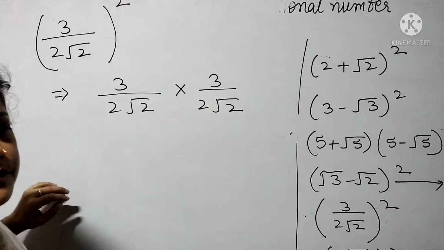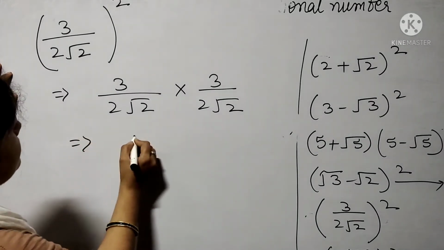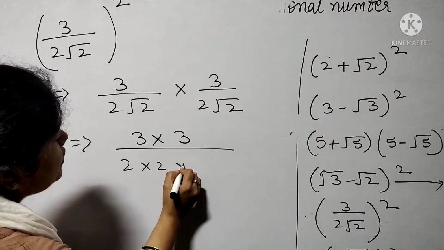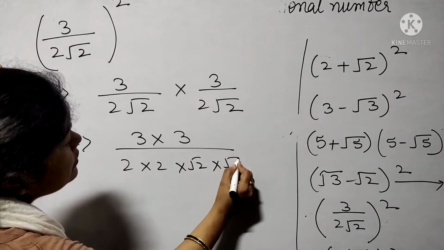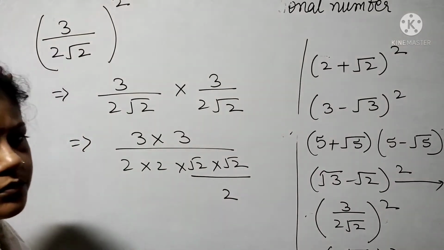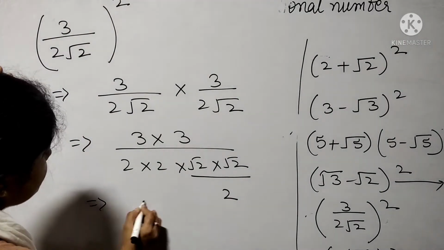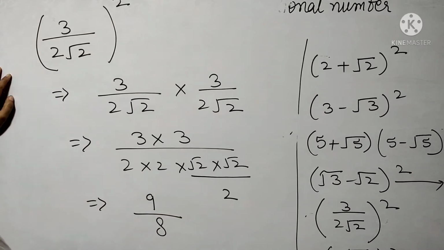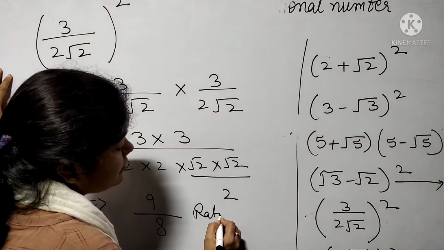We get 3 into 3, 2 into 2 into under root 2 into under root 2. This becomes what? Pure 2. So what we get? 3 3s are 9, 2 2s are 4, 2s are 8. This is a pure rational number.